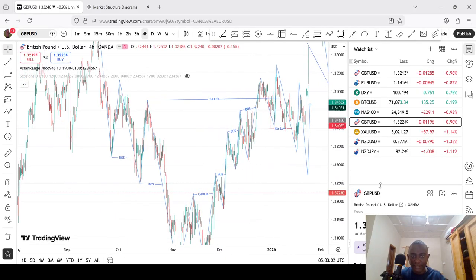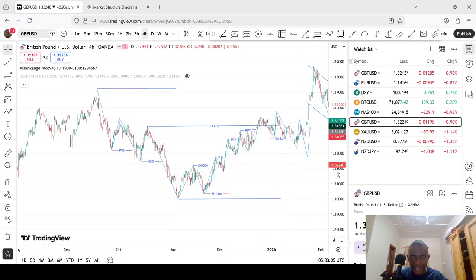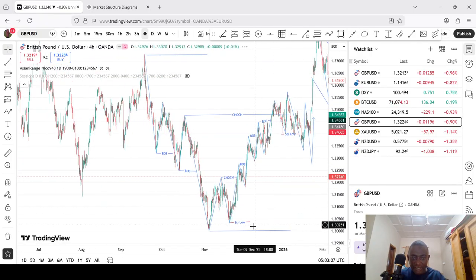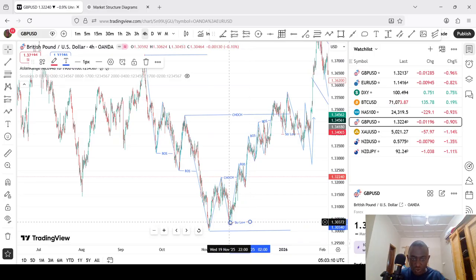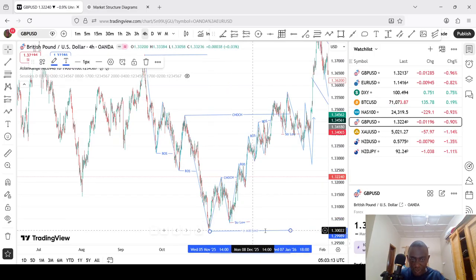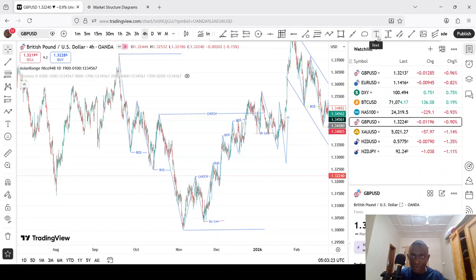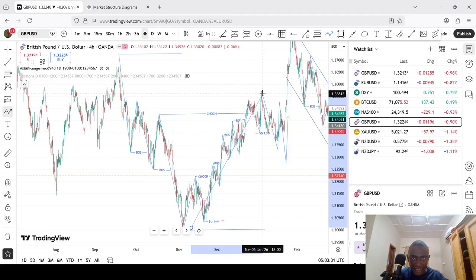You understand? So that became a change of character, which means now our strong low, because it took this low to break this particular zone. This one would be like a long stretch. Let me draw it. So right from here, it's like this. From here, it took it to break this. You understand? Actually, we were expecting it to respect here and come down, but it actually closed above this.